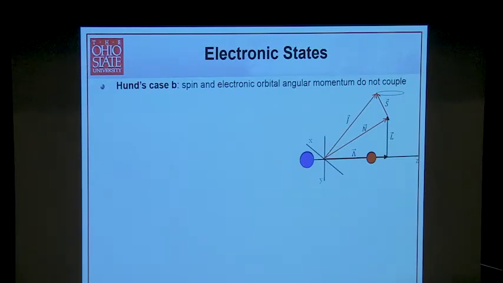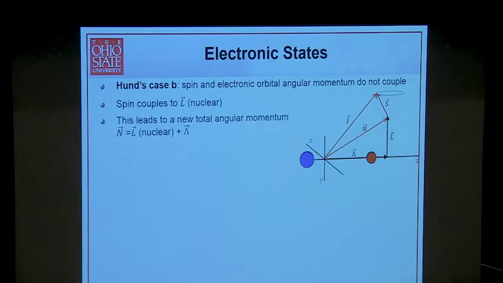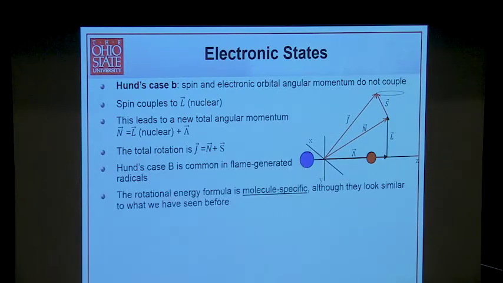Now, if we have Hund's case B, again, I don't expect you to memorize. You have the information. Go back and look at it. If you have Hund's case B, we have no coupling of the spin and electronic orbital, but the spin couples to the rotation, and we end up with a new, completely different angular momentum, N, which is L plus lambda, and then our total angular momentum is N plus S, and that should be our quantum number.